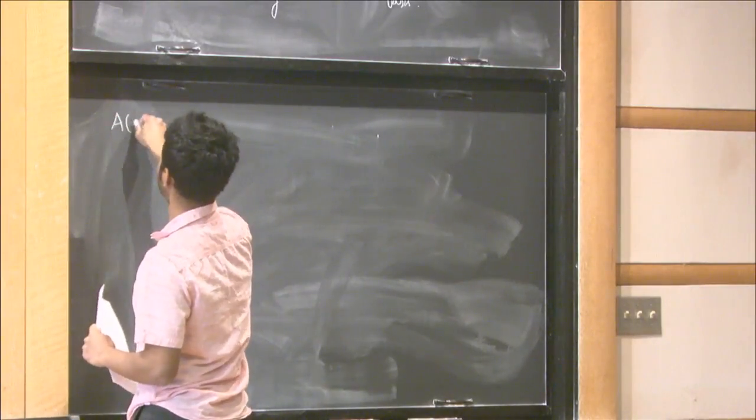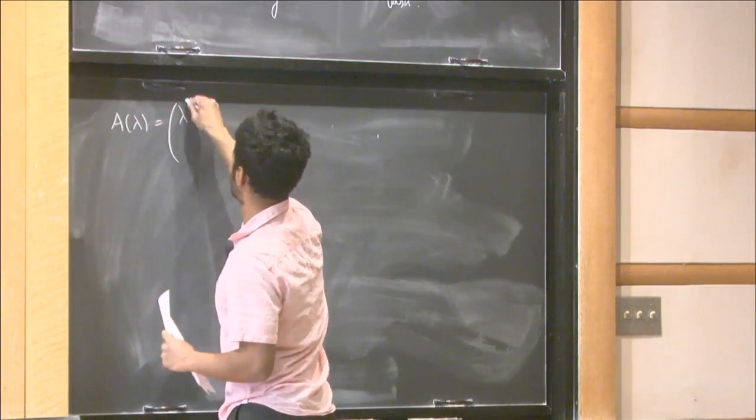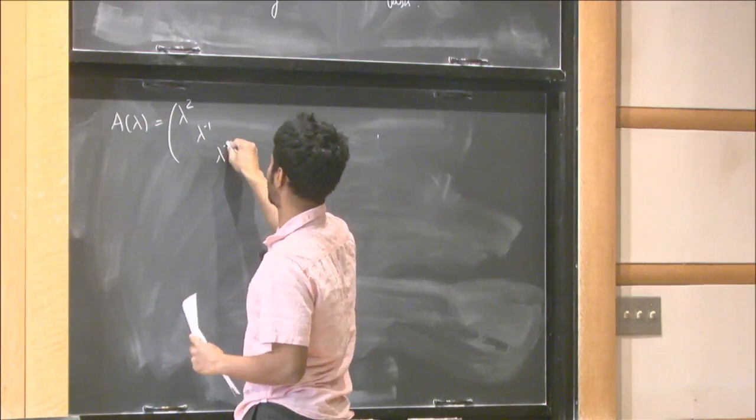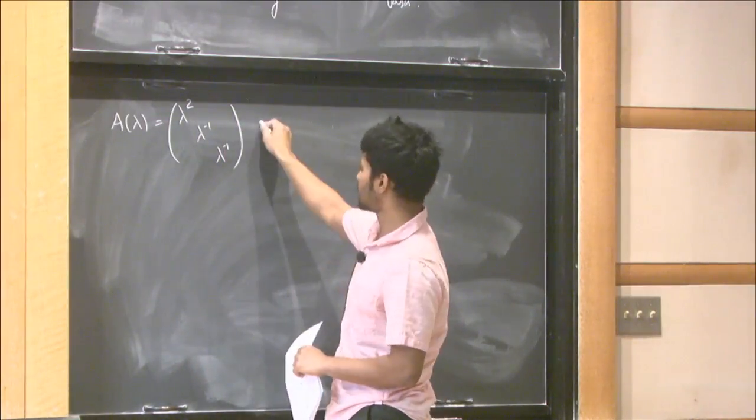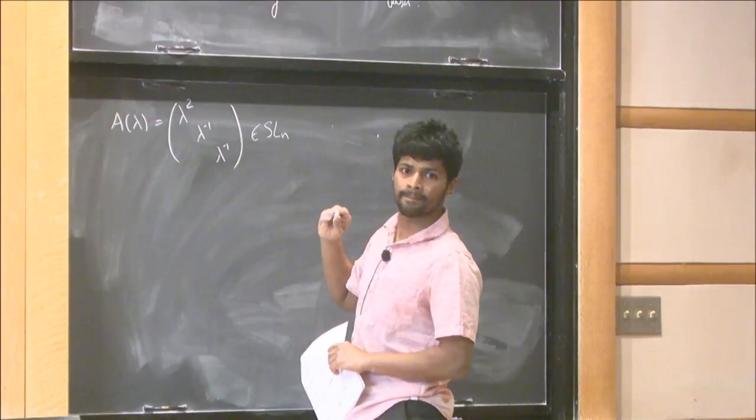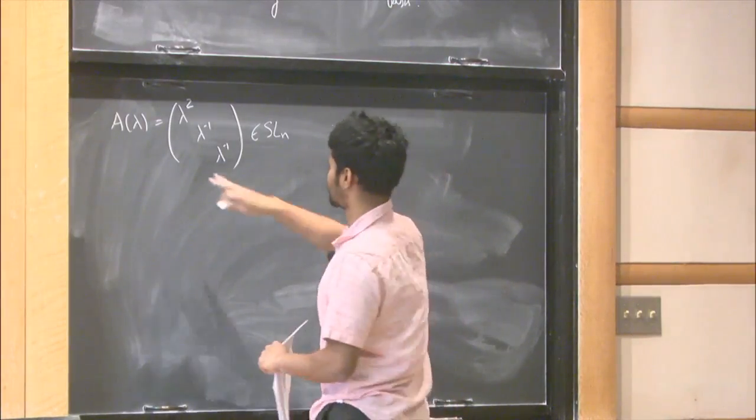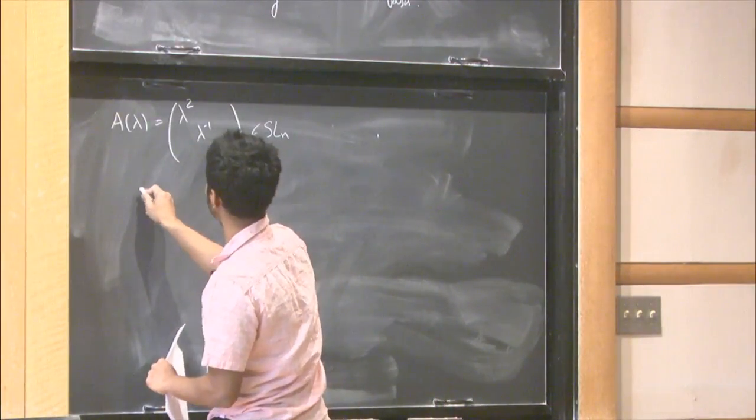So I define a matrix A lambda, which is lambda squared, lambda inverse, lambda inverse. This is inside SLn, right? What's lambda? Some non-zero number.